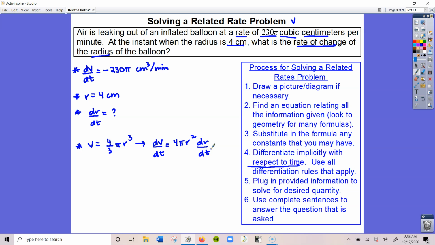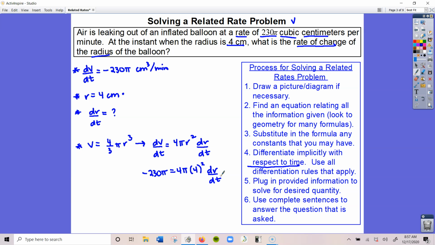Now we're going to plug in everything that we know. I know dV/dt is negative 230π, which is going to equal 4π times my radius at the moment, which is 4 centimeters, squared. And we need to solve for dr/dt.